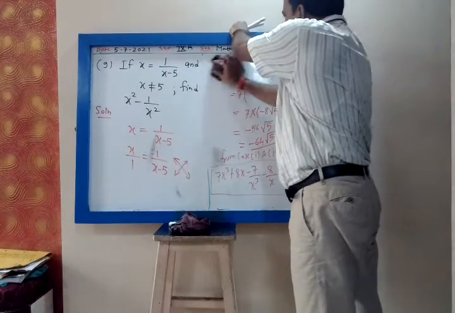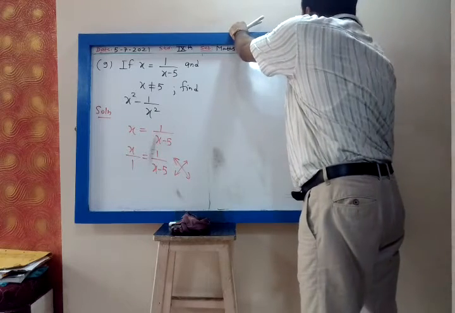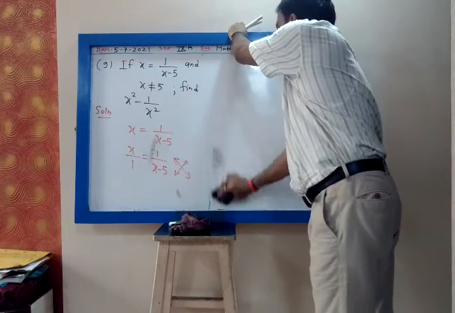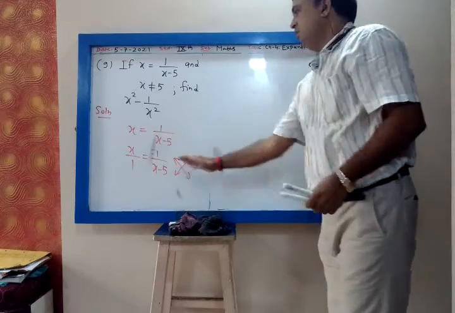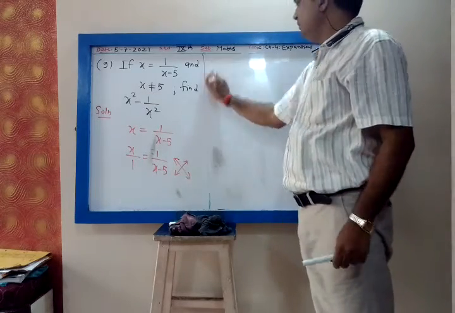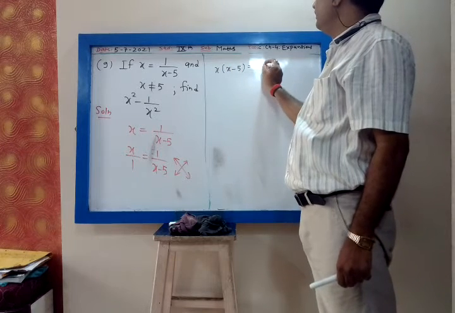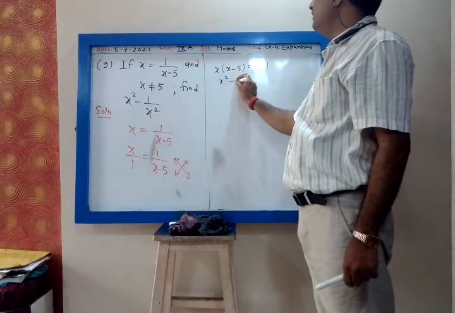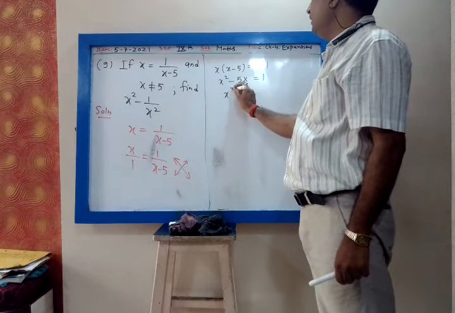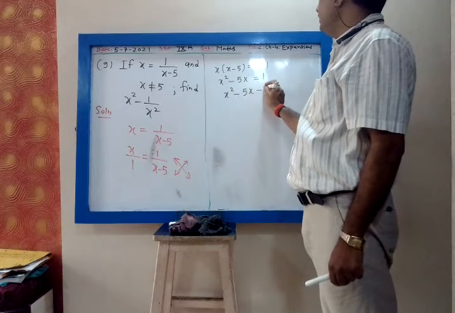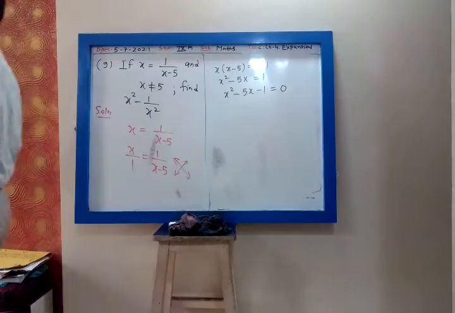So what you will get? x into x minus 5 is equal to 1 into 1. So x square minus 5x is equal to 1. This I can write as x square minus 5x minus 1 equal to 0. Now this is a quadratic equation. So how will we simplify further? Tell me.